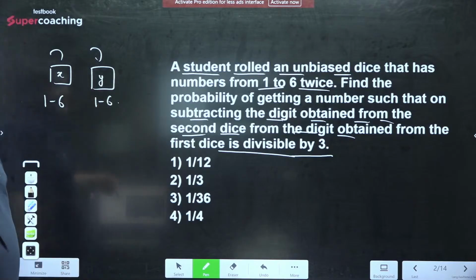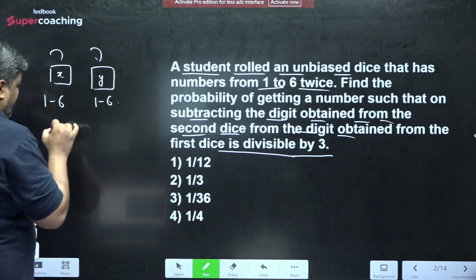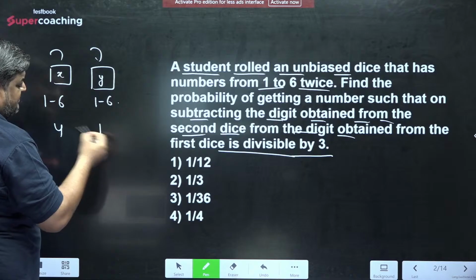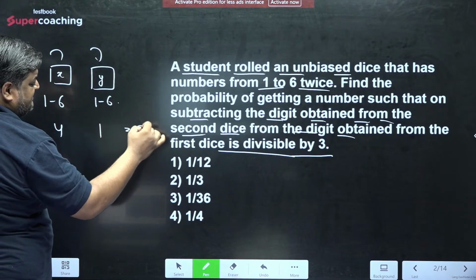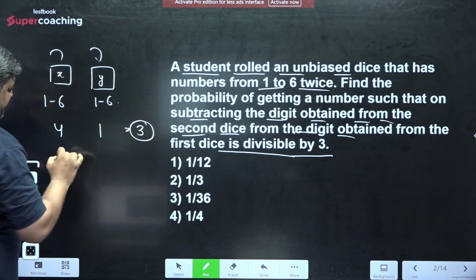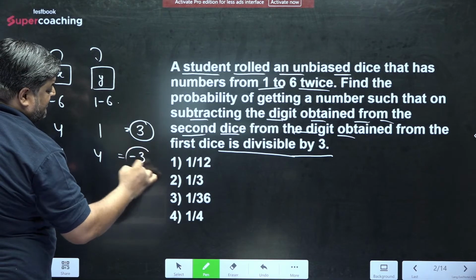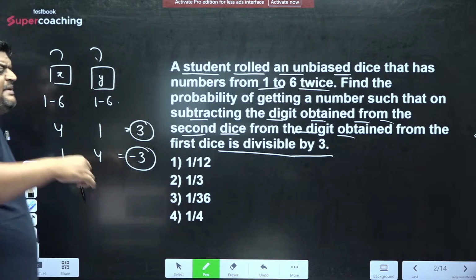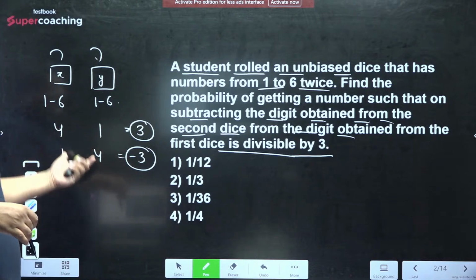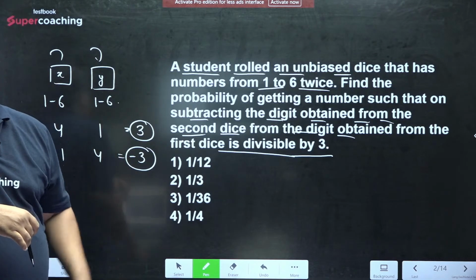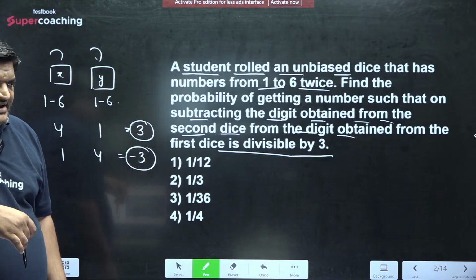Why? Because देखो अगर यहाँ पे 4 आया और यहाँ पे 1 आया, तो the difference is 3 and this is divisible by 3. अगर vice versa भी हो गया ना, so difference is -3 and -3 is also divisible by 3. So we have to consider both of these cases and other cases, right?